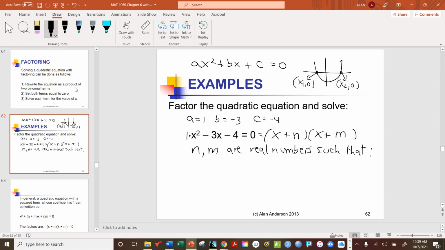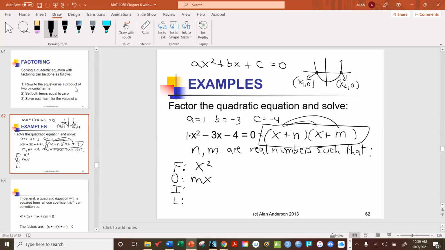Now, by the way, let me just show you what happens if you apply FOIL to these 2 terms, just so you can see what this is all about. If you apply FOIL up here, you'll get x squared for f. The outer terms are mx. The inner terms are nx.